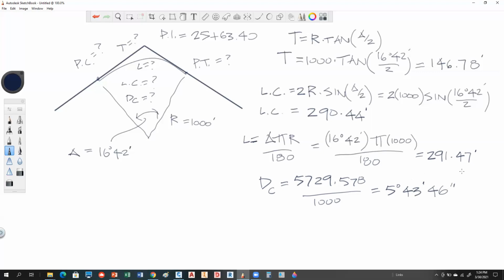Okay. Is everybody getting that number? Yes. Okay, so this number is going to be really useful when we get into curve layout. But for what we're doing right here, it doesn't have a lot to do with anything, okay?